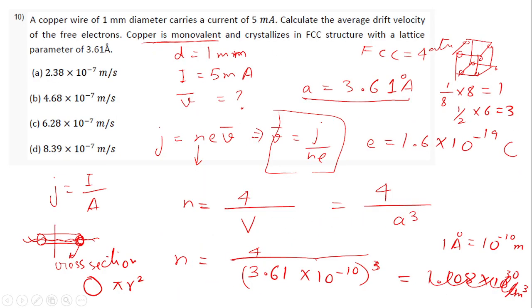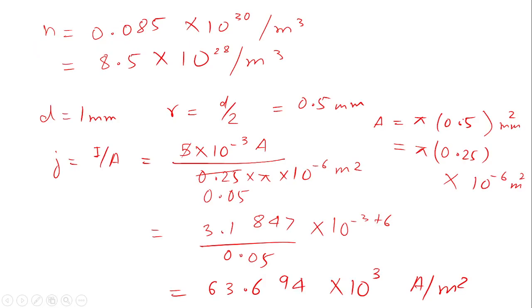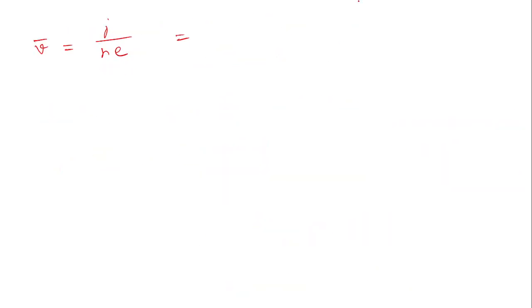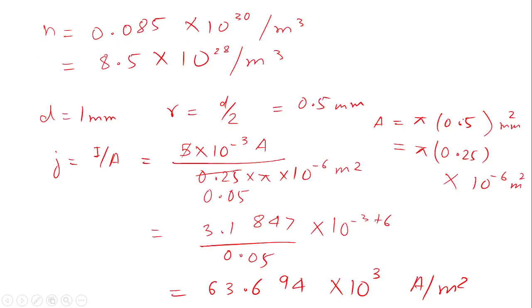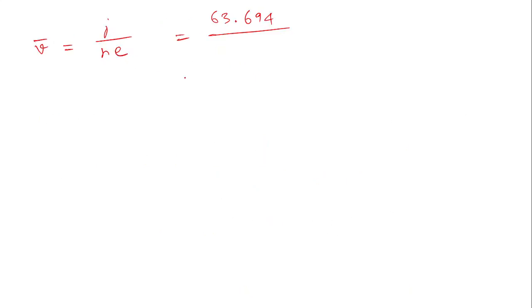So our final step is to calculate drift velocity, which will be current density upon n e. Now the current density we calculated was 63.694, divided by the charge density, which was 8.5 times 10 to the power 28.